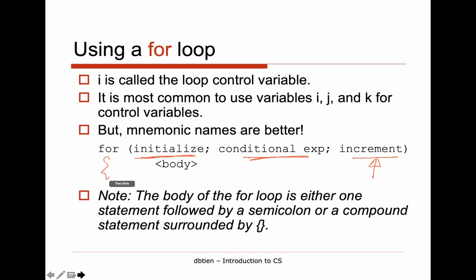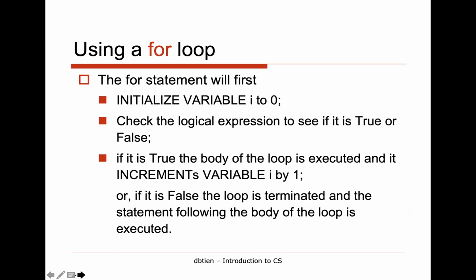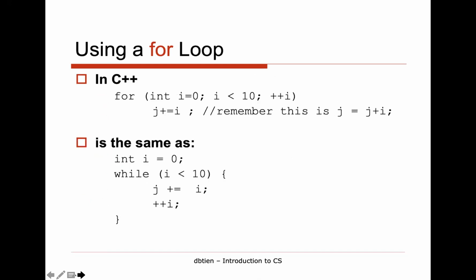Remember the body here: if you have many statements, you need braces. Like earlier, in the loops you initialize a variable, check the condition, do the body, and increase it. So it's quite simple. If you compare the for loop and the while loop, here the initialization sits outside of the while loop, and this is the condition.